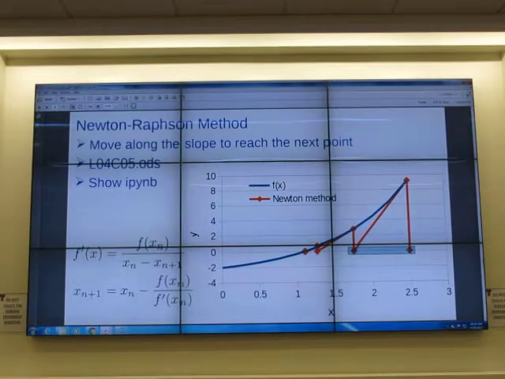Delta x is xn minus xn minus 1. But should it be xn plus 1 minus xn or xn minus xn minus 1? This depends on the definition of where xn and xn plus 1 are.